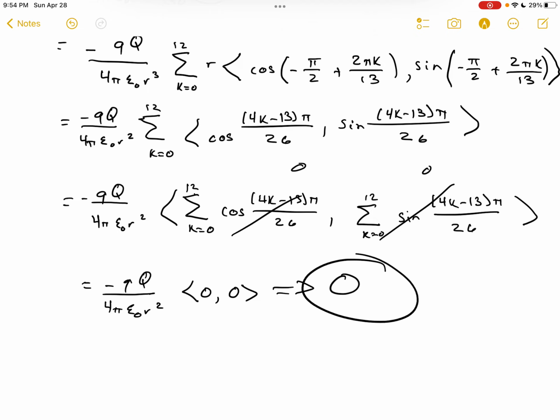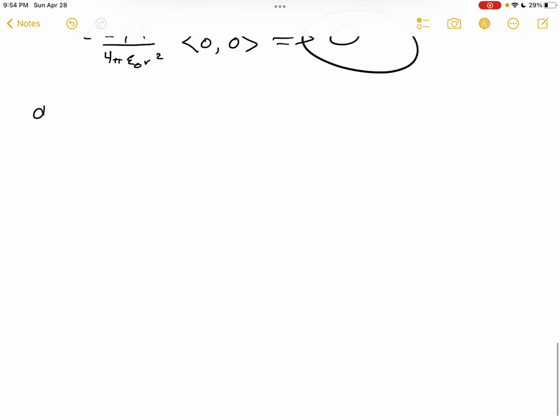And for our last part D, if the charge at 6 o'clock is removed and the remaining 12 charges conspire to produce the same force as before, then we get the equation F equal to negative q over 4 pi epsilon naught r y hat.